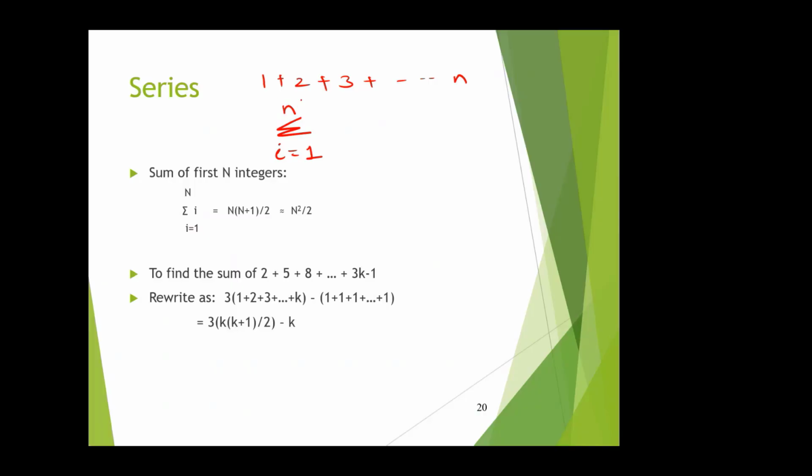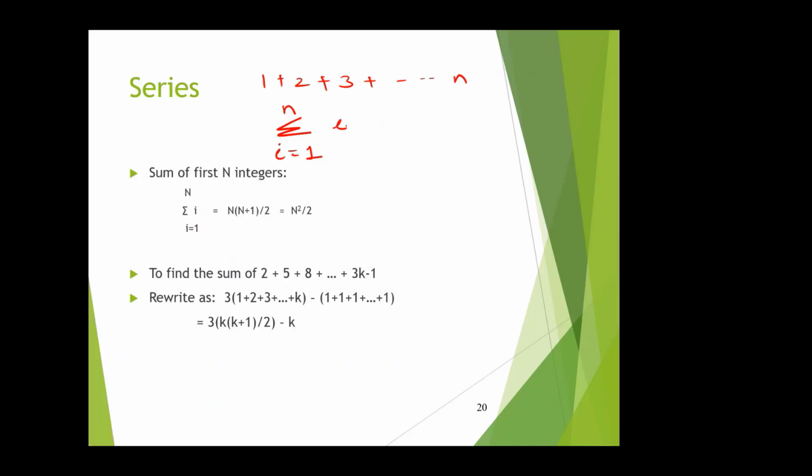So those many times I'm going to add i, where the value of i increments from 1 up to n. So this is the same thing we can also denote with the summation sign.